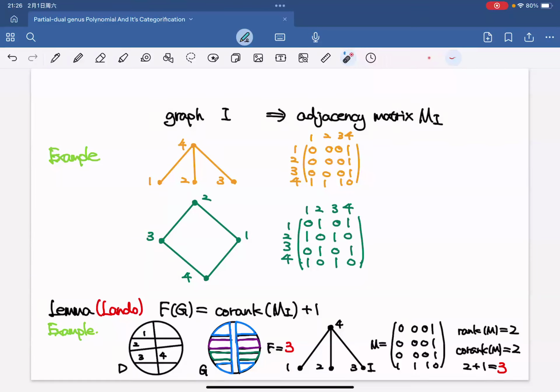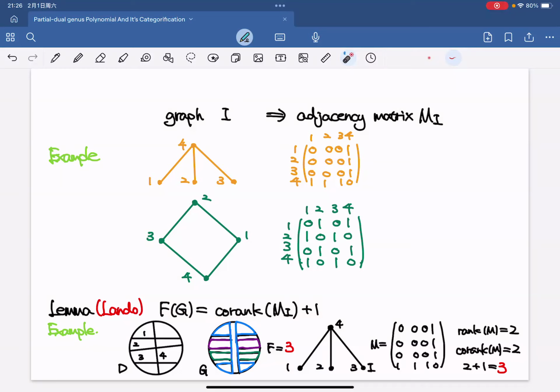And the result of Lando, I'm not sure whether it was first proved by him, maybe much earlier; some people found the same result, but I know it from one of his papers. Lando's result is that for the intersection graph from a Ribbon graph, the number of boundary components is equal to the corank of this matrix plus 1.